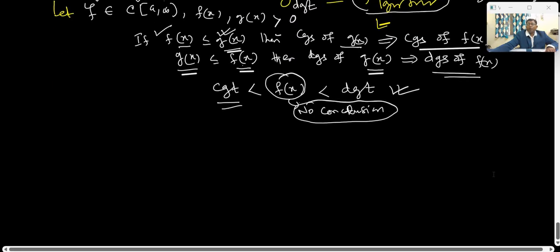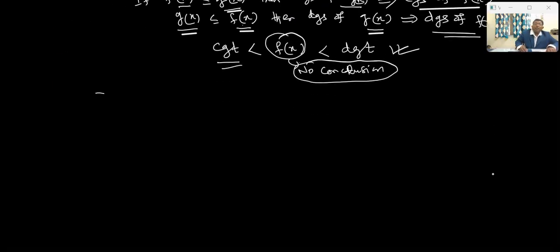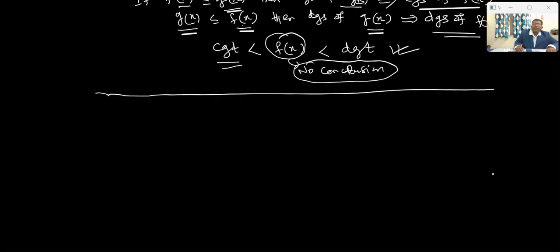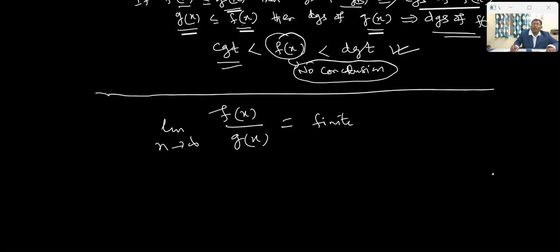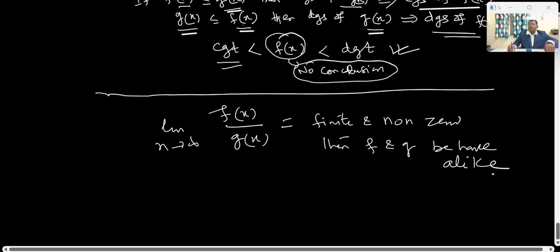This is a powerful test, and its limit version is: if f(x) by g(x), limit as x tends to infinity, is finite and non-zero, then f and g behave alike. F and g behave alike means both converge together or both diverge together.